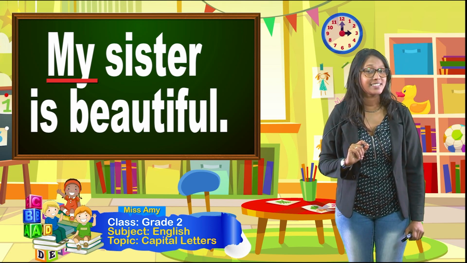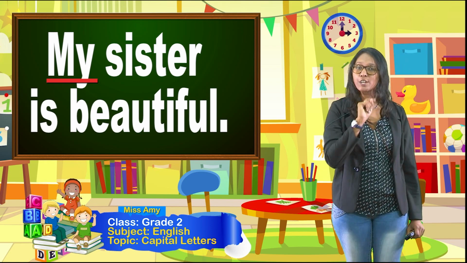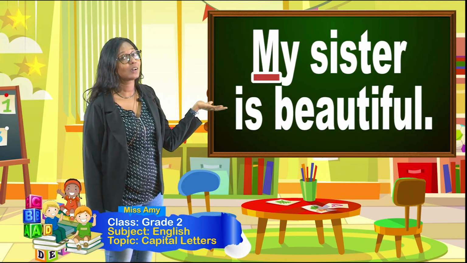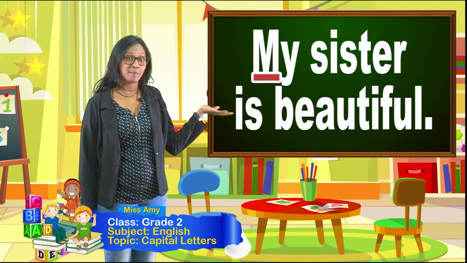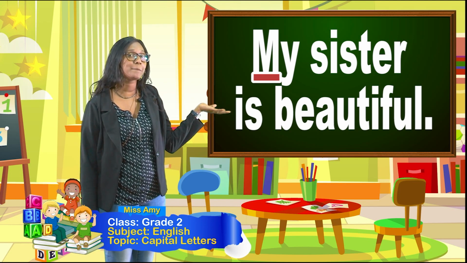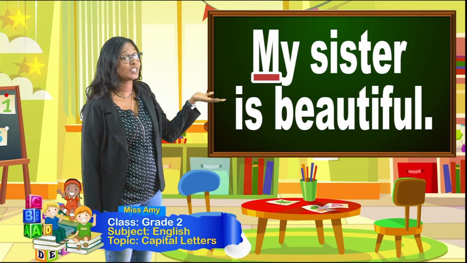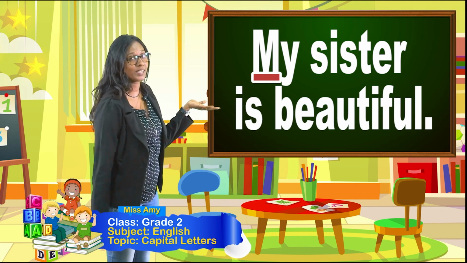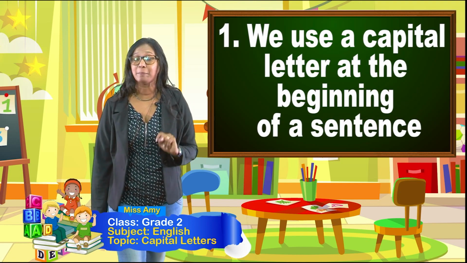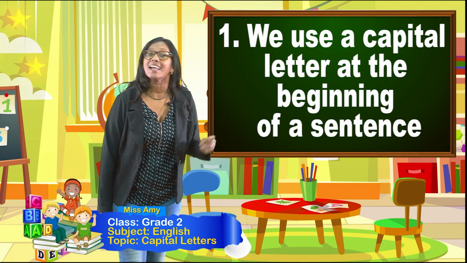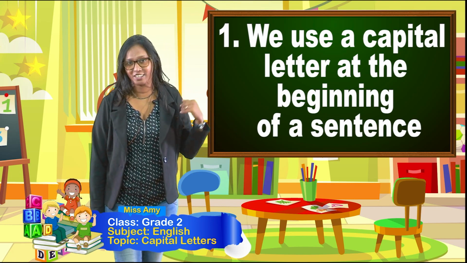And the first letter in that word is M. So we start M with a capital letter because this begins the sentence. Okay? So, at the beginning of a sentence, boys and girls, we use a capital letter.